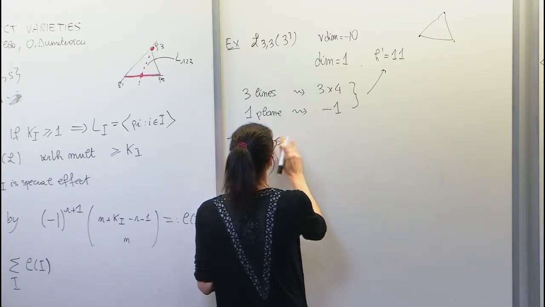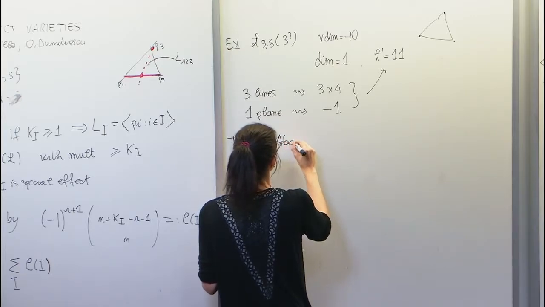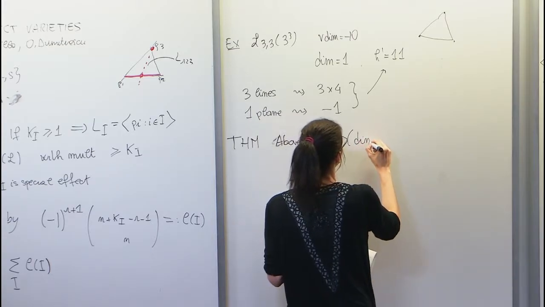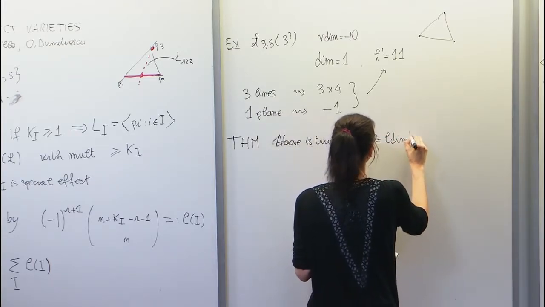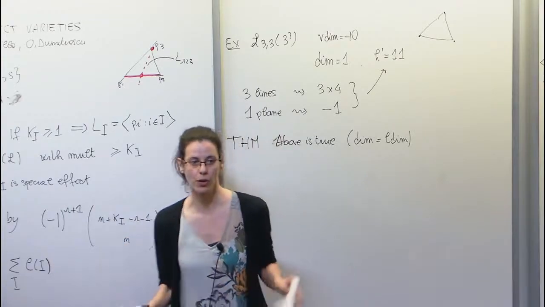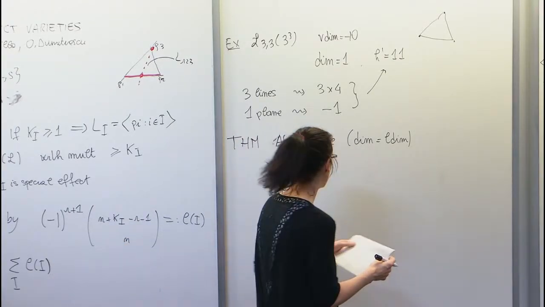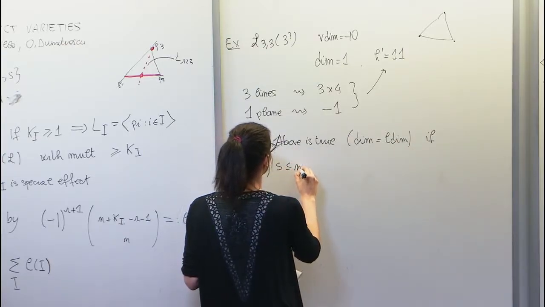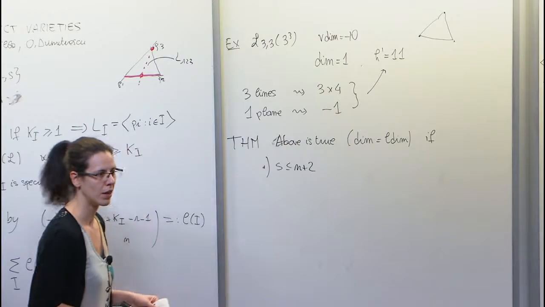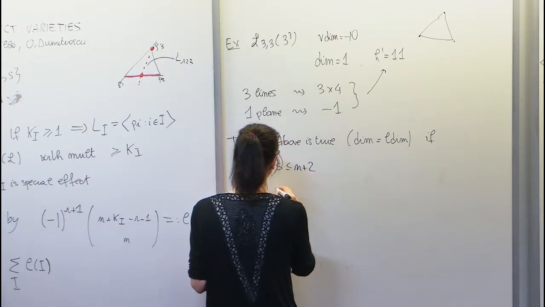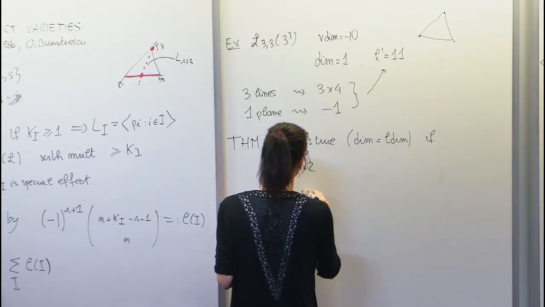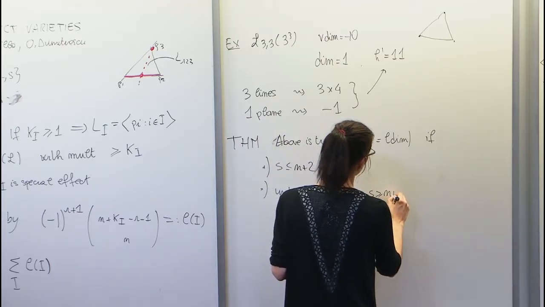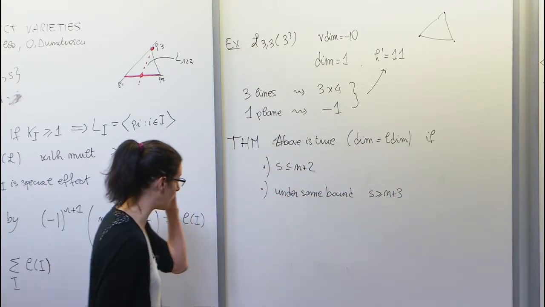The above is true, meaning that the dimension is equal to the linear virtual dimension, that is this number, meaning that all the special effects are linear, whenever S is at most n plus 2, and under some bound when S is more than n plus 2, so at least n plus 3.